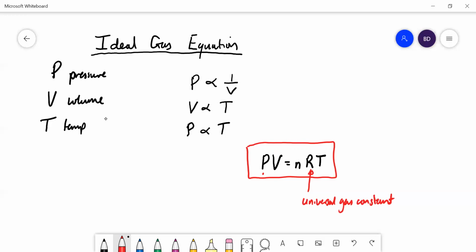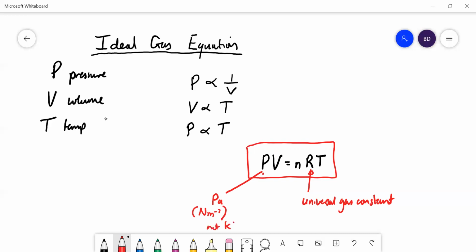We do need to be careful here with units. Units of pressure: we use pascals. A pascal is 1 Newton per meter squared. Pressure is force over area. So you've got to be careful, it's not kilopascals.